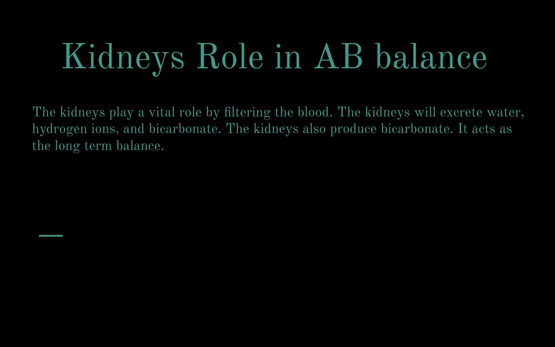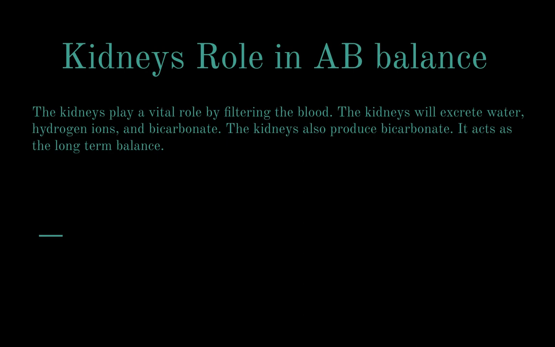And the third way is the kidneys. The kidneys play a very vital role in acid-base balance. They filter all the blood and filter out the toxins, and they excrete the excess hydrogen ions, excess bicarbonate, and excess water, while also producing bicarbonate when needed.